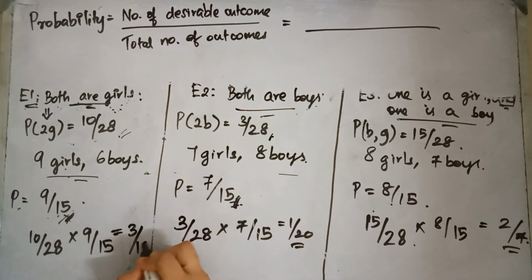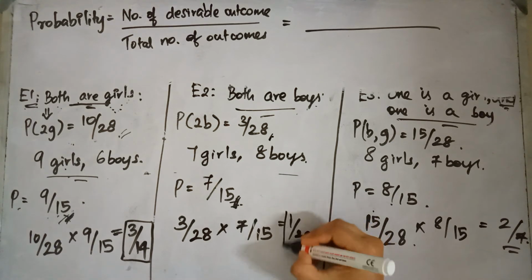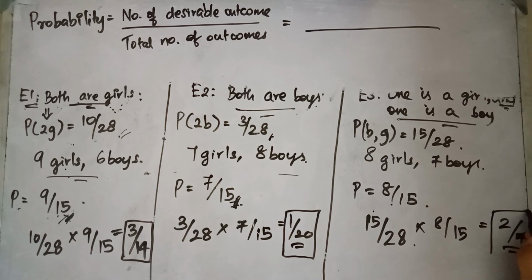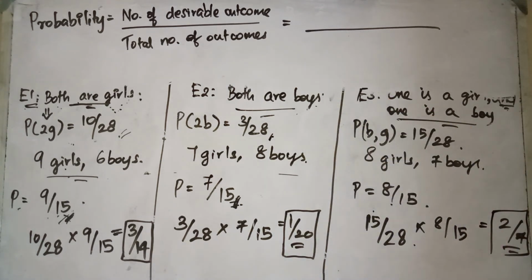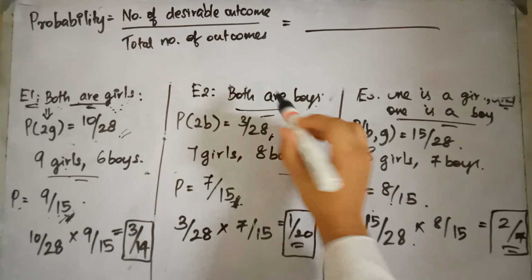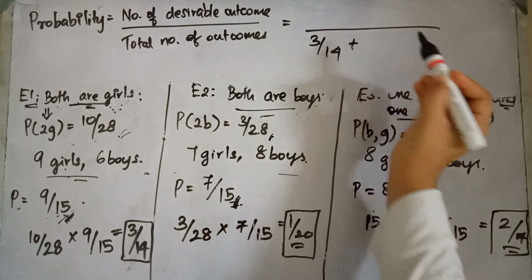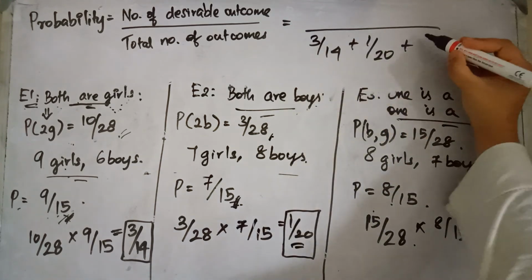This whole set of events will lead to this probability, and the probability of all of these events happening is 2 by 7. So these are the probabilities of these sets of events happening. So the total number of outcomes will be 3 by 14 plus 1 by 20 plus 2 by 7.